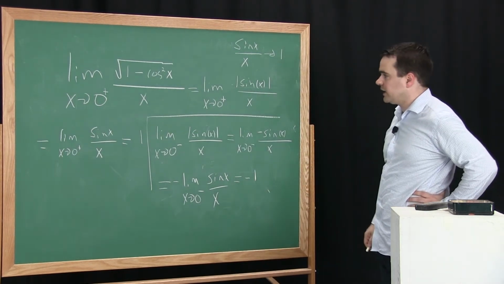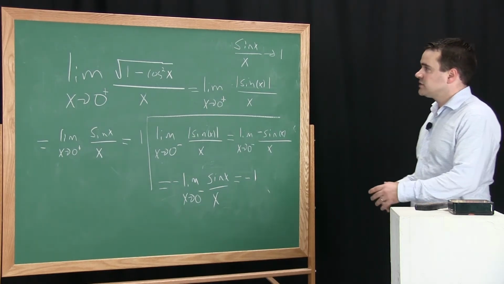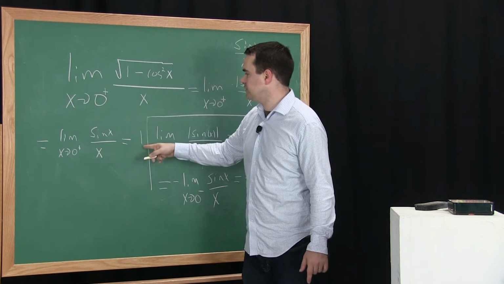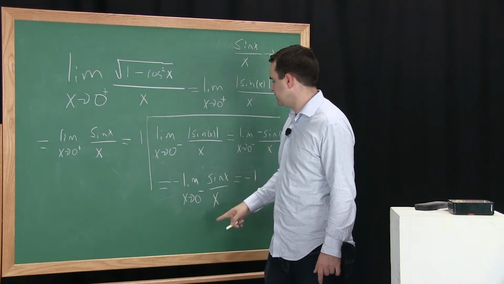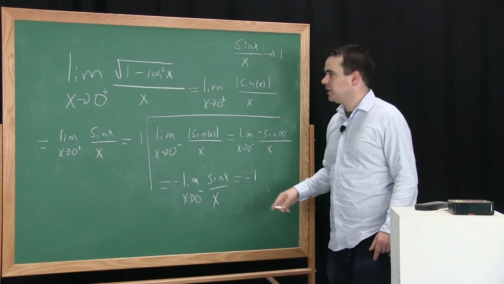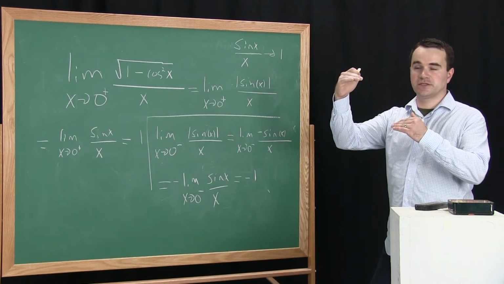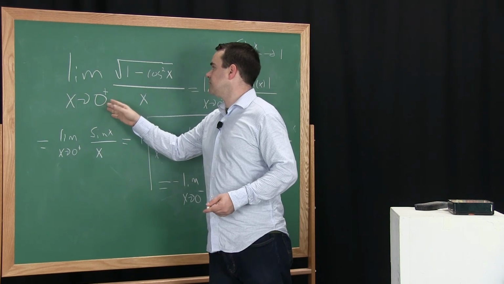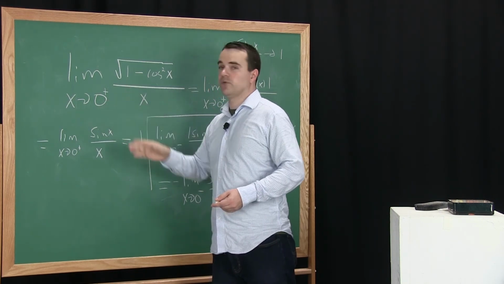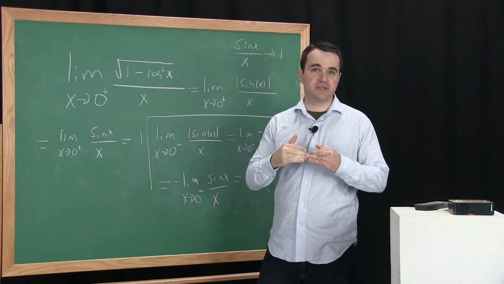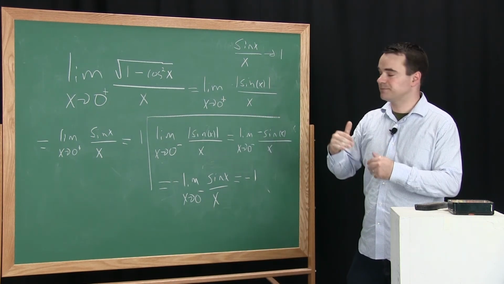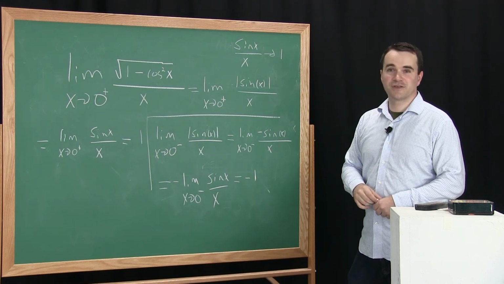So we actually get negative 1 for the answer. So when you look at this problem, it has a right-hand limit equal to 1 and a left-hand limit equal to negative 1. Because those limits don't match, if I had just said limit as x goes to 0 of this function, that would have been a problem. That limit doesn't exist because you're approaching different y values from different sides. So that's how to do that problem.